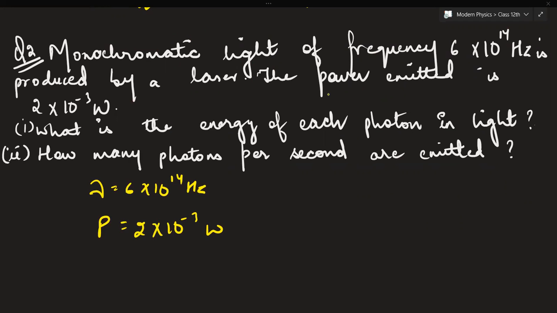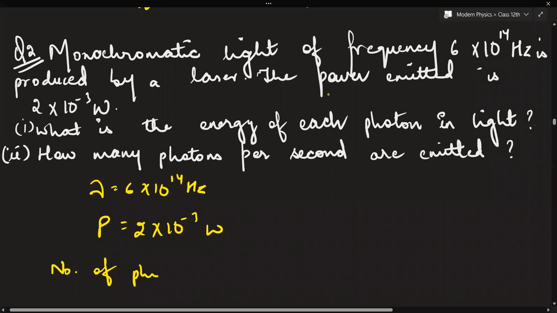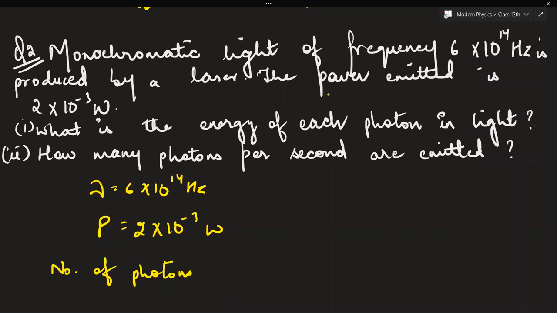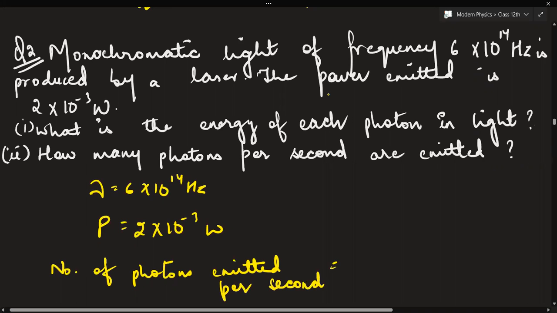See class, the number of photons emitted per second is equal to power by energy. This is one formula that is required.